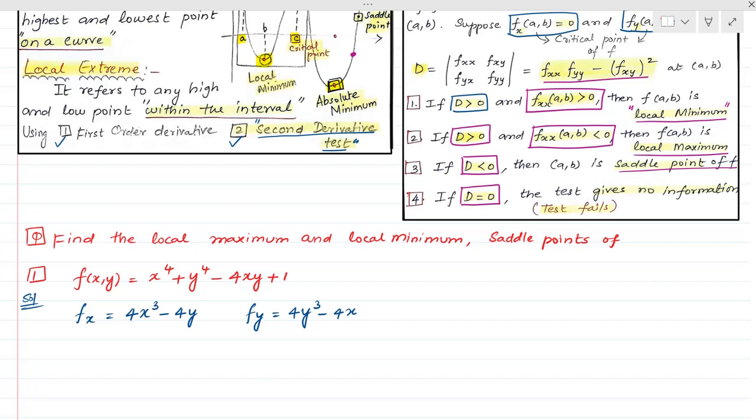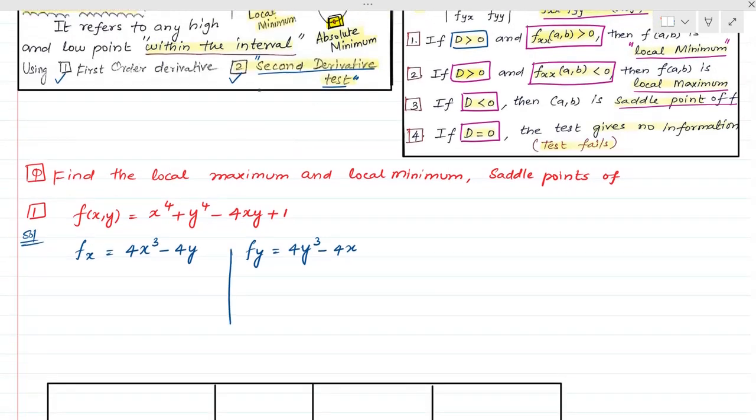Now, if I substitute fx equal to 0, so 4x power 3 minus 4y equals 0. Now, if you move it here, it is x power 3 equal to y. So this is the first equation.